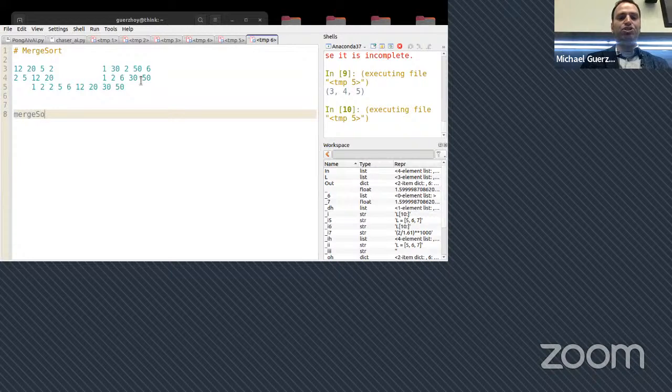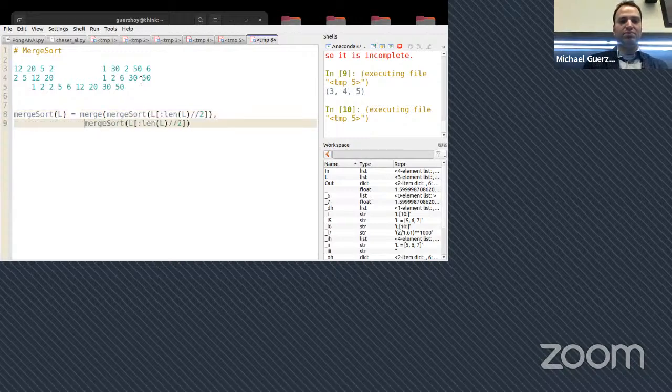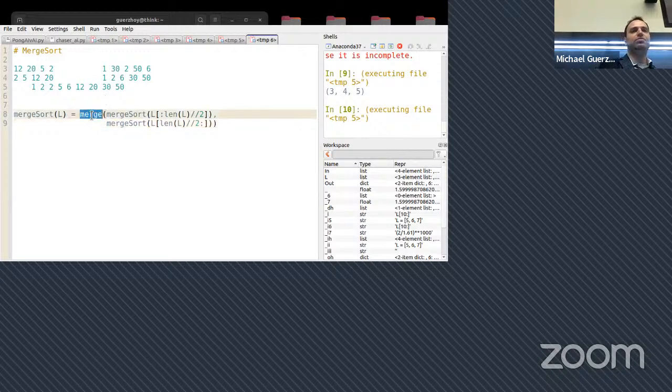So we'll say merge sort of L is what happens if you sort the first half, and then you also sort the second half, and then you merge the two halves together with this merge function.